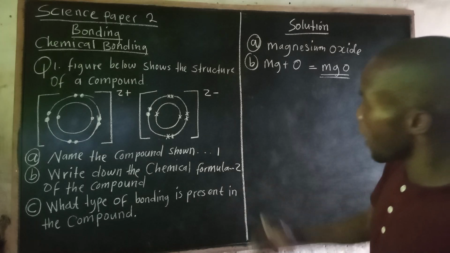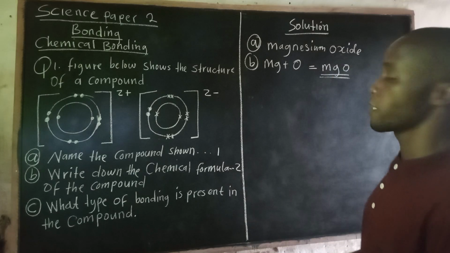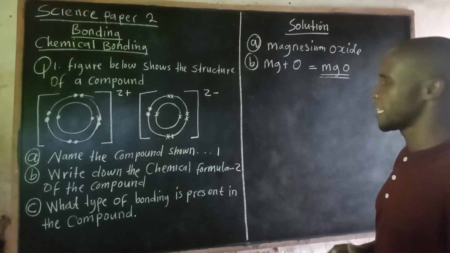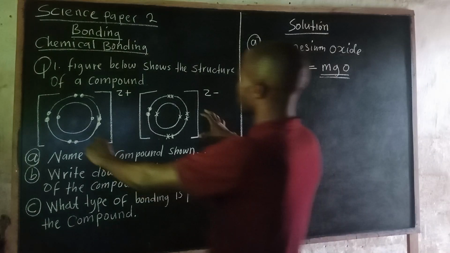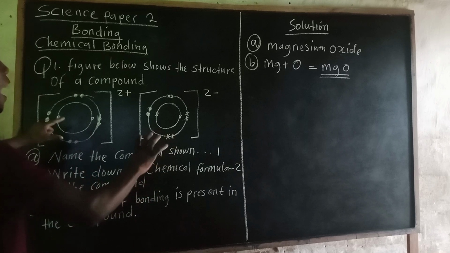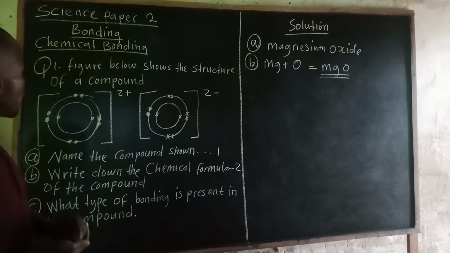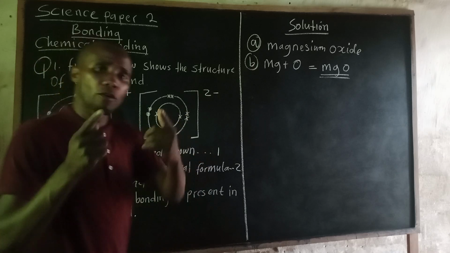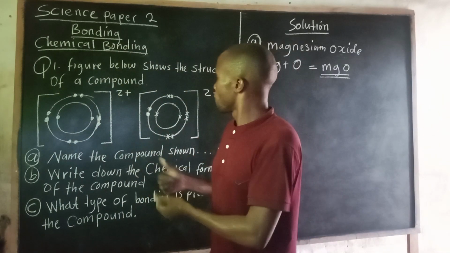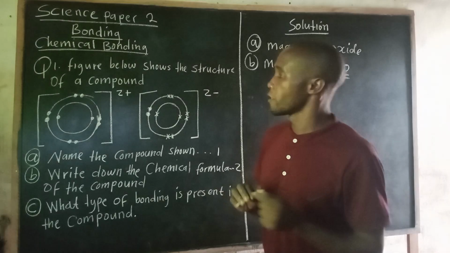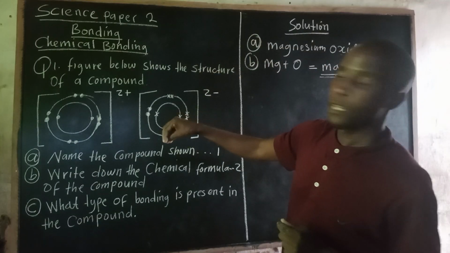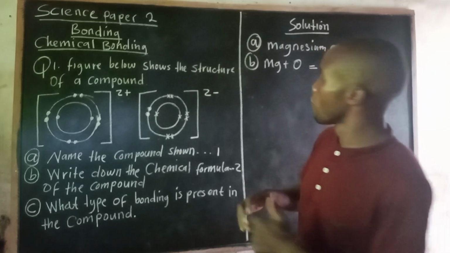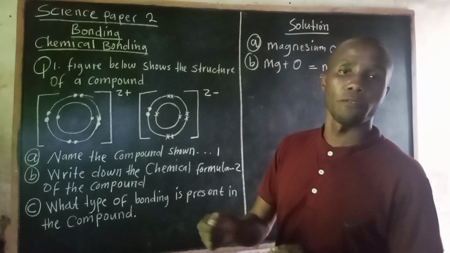Then we are going to answer the last part of our question, which is question C. What type of bonding is present in the compound? When you look at this compound, remember the difference between these two types of bonding. We have ionic bond and also the covalent bond. The only difference is that the ionic bond involves the transfer of electrons, while the covalent bond involves the sharing of electrons.